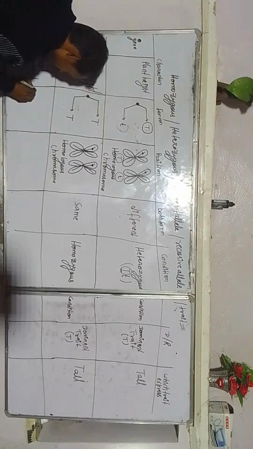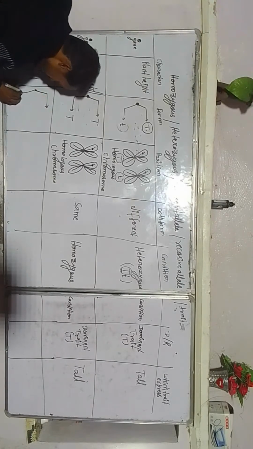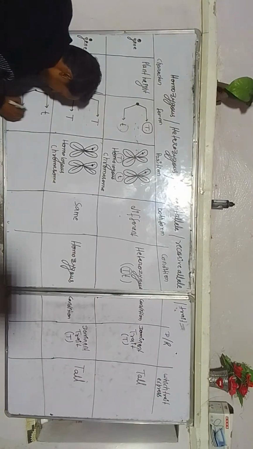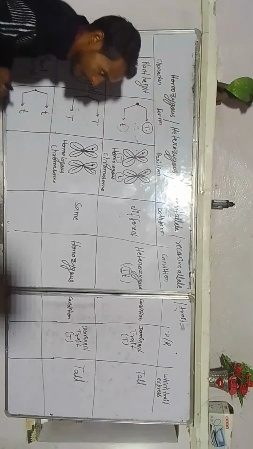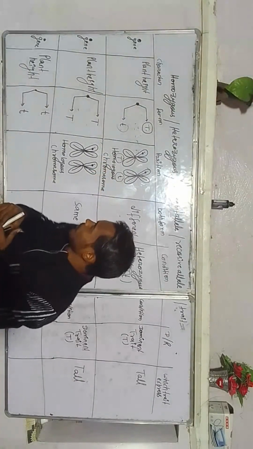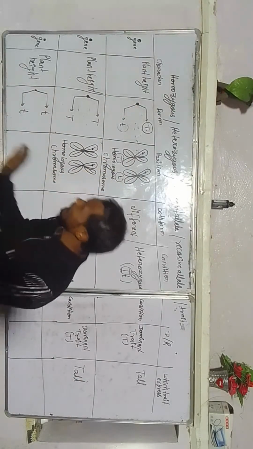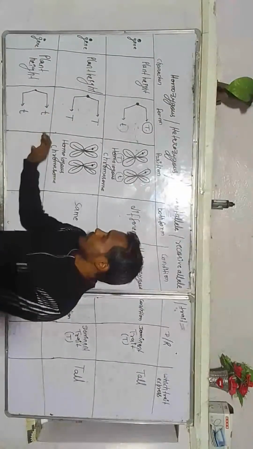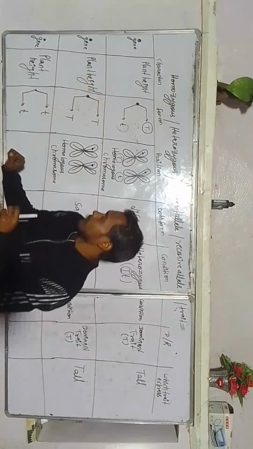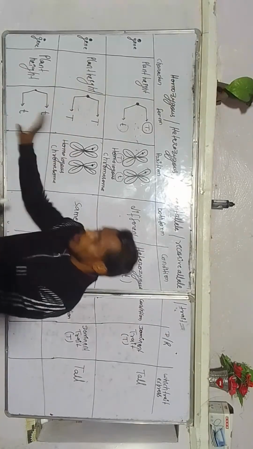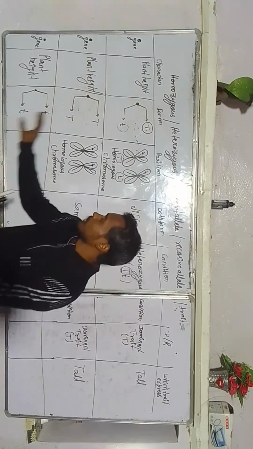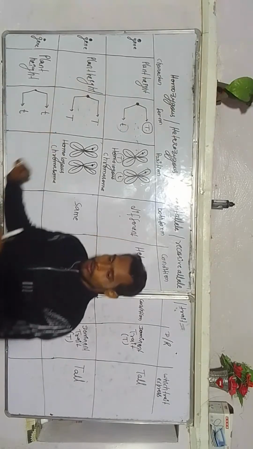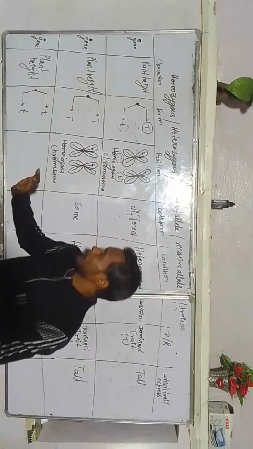Both forms are the same but dwarf. In this condition, we take the same allele for the one gene, but both are dwarf. Both alleles are small t.